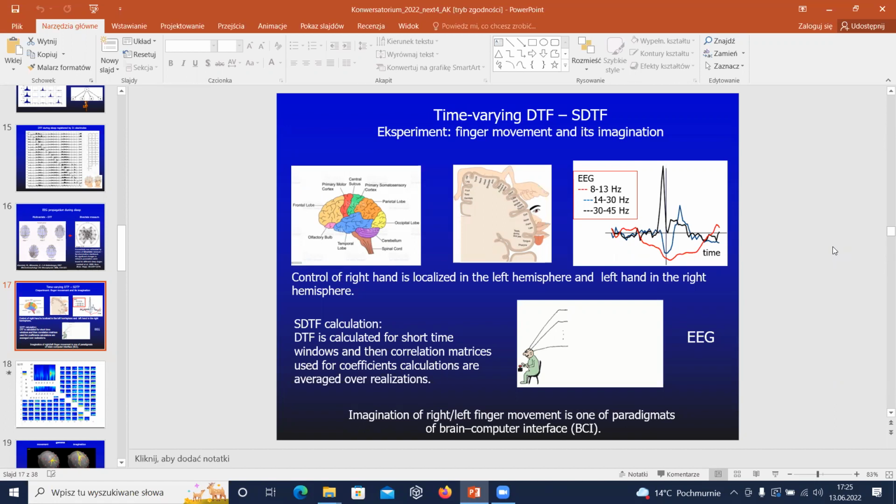Okay, I have a little bit odd question because I understand your talk was mainly about movement of fingers and simplified events that could be analyzed using the signals you measured.